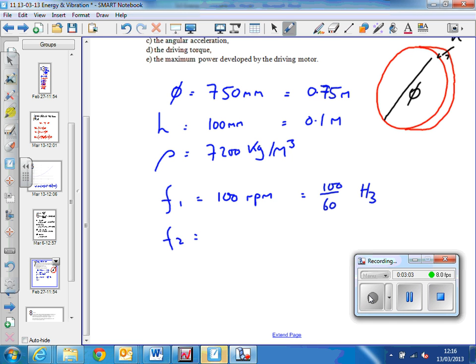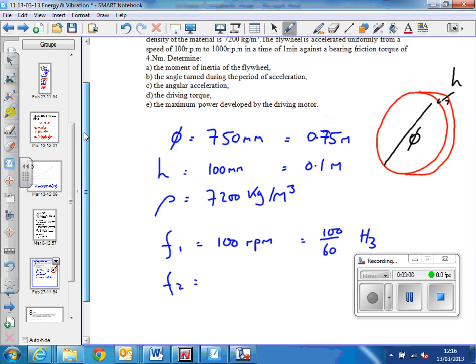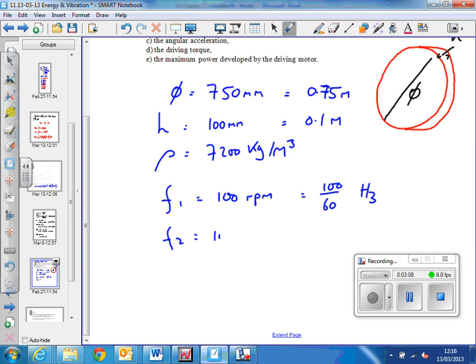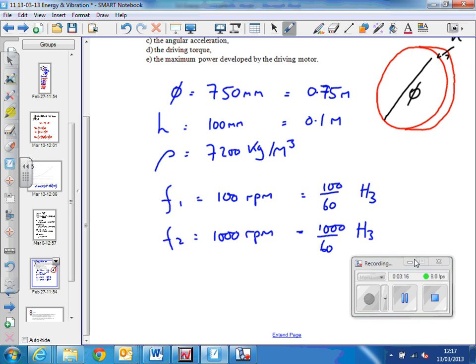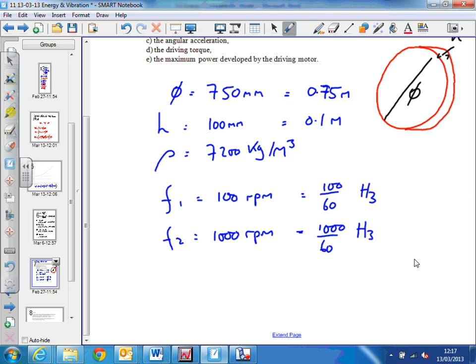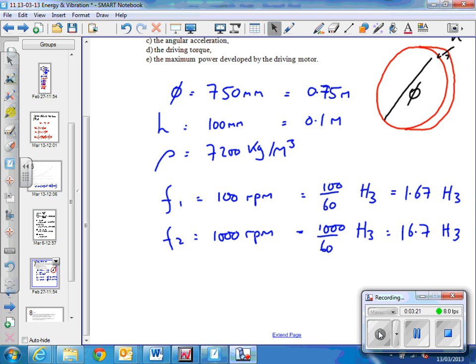F2 is 1,000 over 60 hertz. So that gives us frequencies of 1.67 hertz and 16.7 hertz.